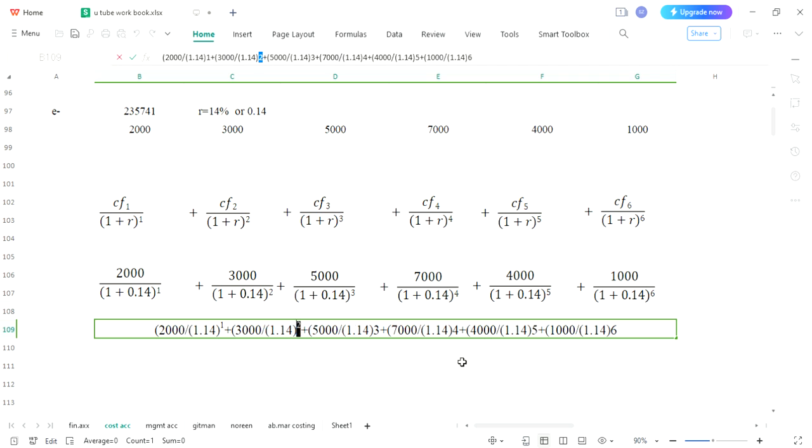This is raised to power 2, and then we have cash flow number 3. We will put it raised to power 3. Doing work, sometimes you can see that we can ignore few things, but for me it is important to write everything according to standards instead of losing your attention.